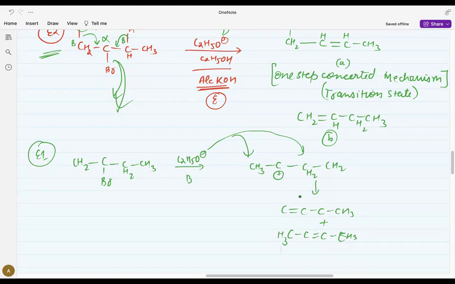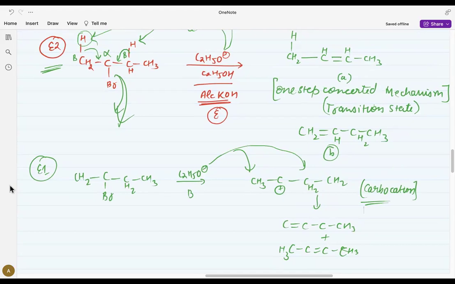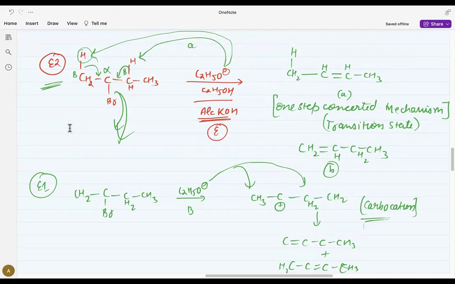In E1, like SN1, you make a carbocation. E2 is a direct one-step concerted mechanism with a transition state, similar to SN2.